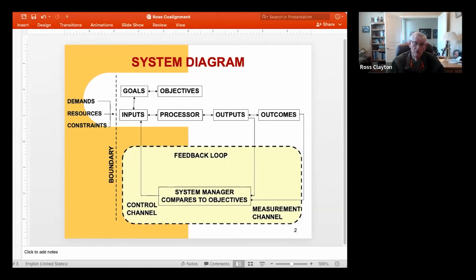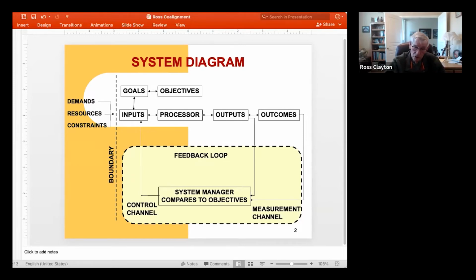And I didn't draw the boundary, but it would come right along the output blocks. And outputs are only short term as they leave. You can measure them. Outcomes are the longer term consequences. You produce graduates. Where are they in 5 years? Are they in well-paying jobs? Are they making an impact on society and so forth? So those things need to be measured.